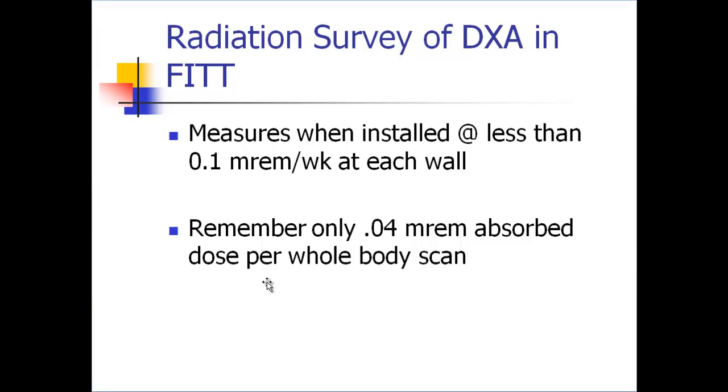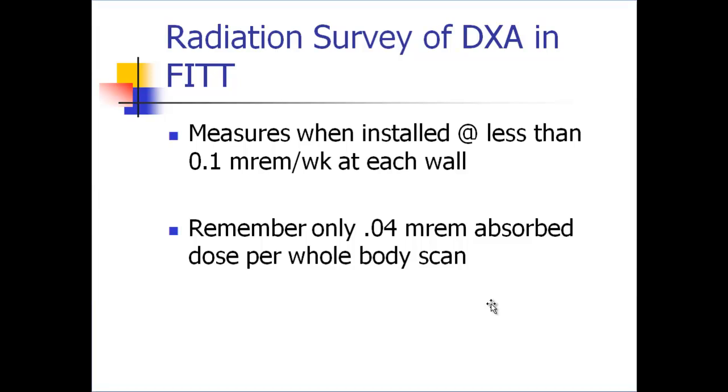Remember that there's only a 0.04 millirem absorbed dose per whole body scan, so the person who's actually laying on the bed is only receiving 0.04 millirems. Now that's not to diminish the fact that these people are being exposed to X-rays, and not to diminish the fact that we probably don't really have a full grasp of what this X-ray radiation can do to someone's body.